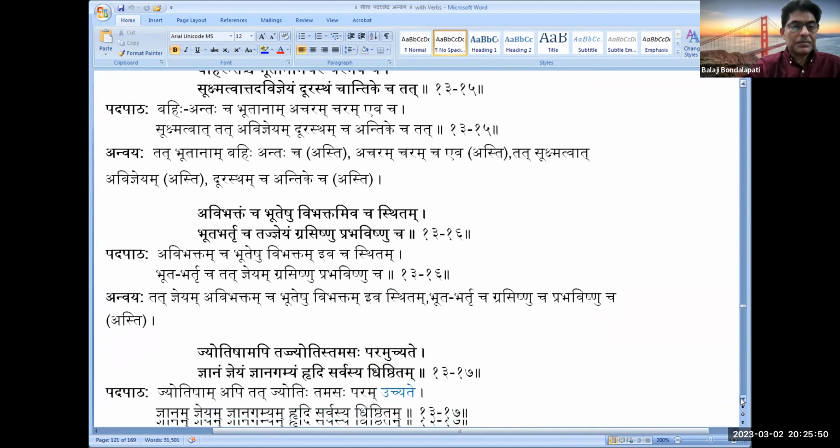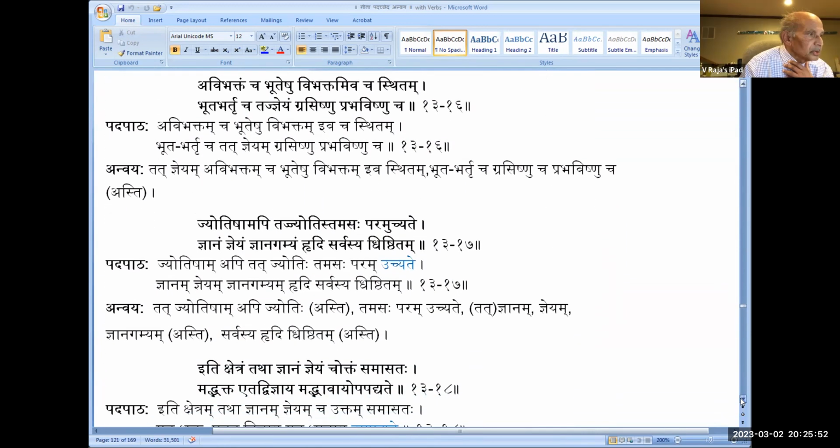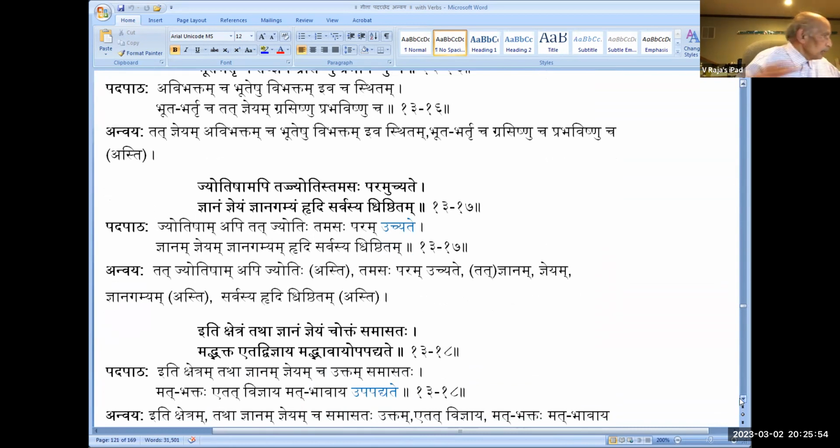13th chapter. Oh, it's not that. Where is that sloka? Let me look at this. It's the 24th sloka.